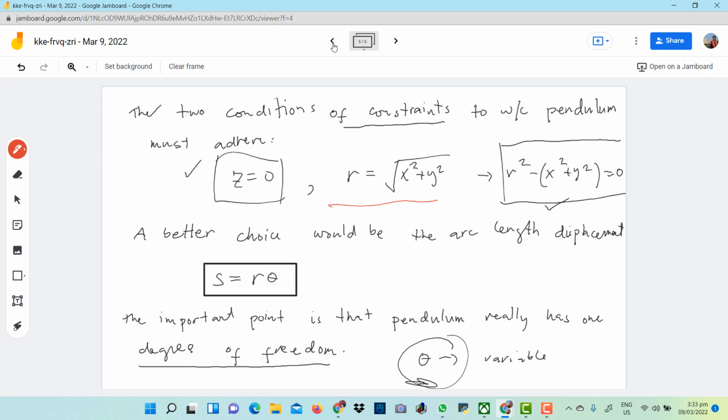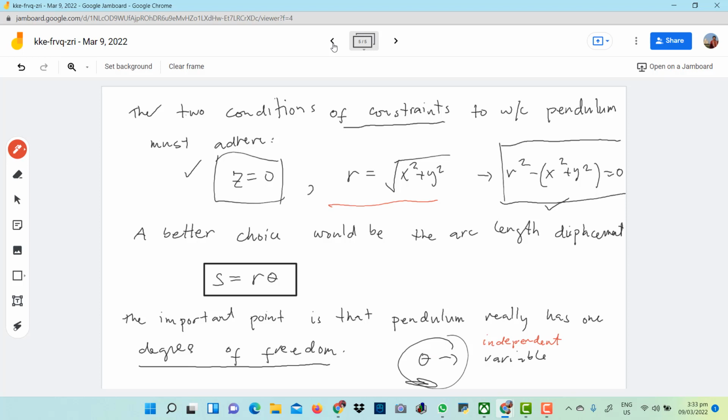So it can move only one way. Meaning, in terms of degrees of freedom, it can move only one way, and that way is along an arc of radius r, and the variable that will change is only theta. So there exists only a single independent coordinate variable. The independent coordinate variable here is theta.